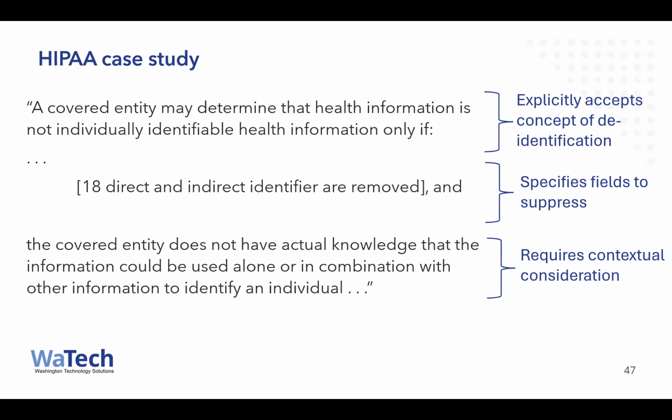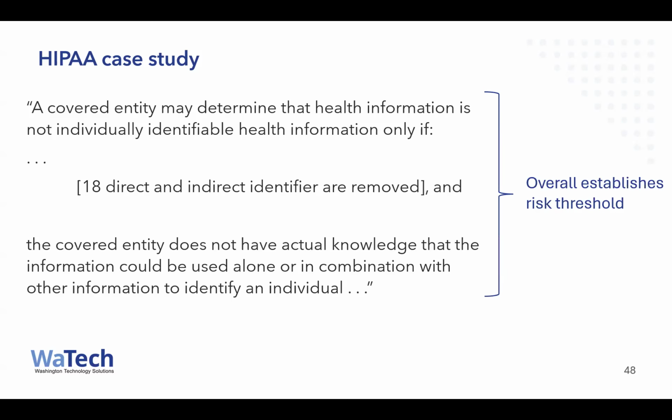It also requires you to consider the context to make sure there isn't other information that would actually let somebody be identified. Overall, what this schema is doing is setting the risk threshold where something is considered de-identified.